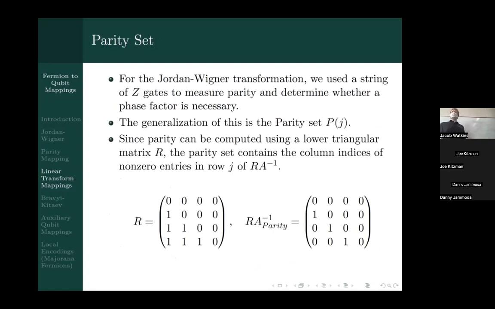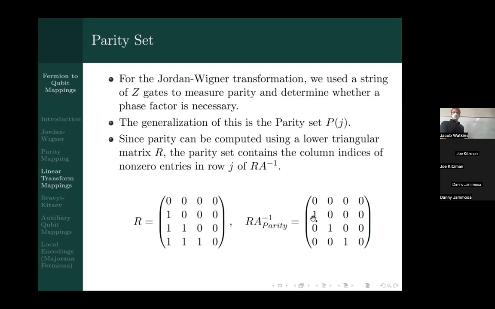It's a little unintuitive how you get this result, but basically the matrix R, the lower triangular matrix, calculates parity, and then A inverse is transforming from the qubit basis back to the natural fermion basis. So A dagger is because you're taking the qubits and transforming them to a parity basis. But anyway, you can take the non-zero entries in row J of R A dagger, and that gives you the parity set.